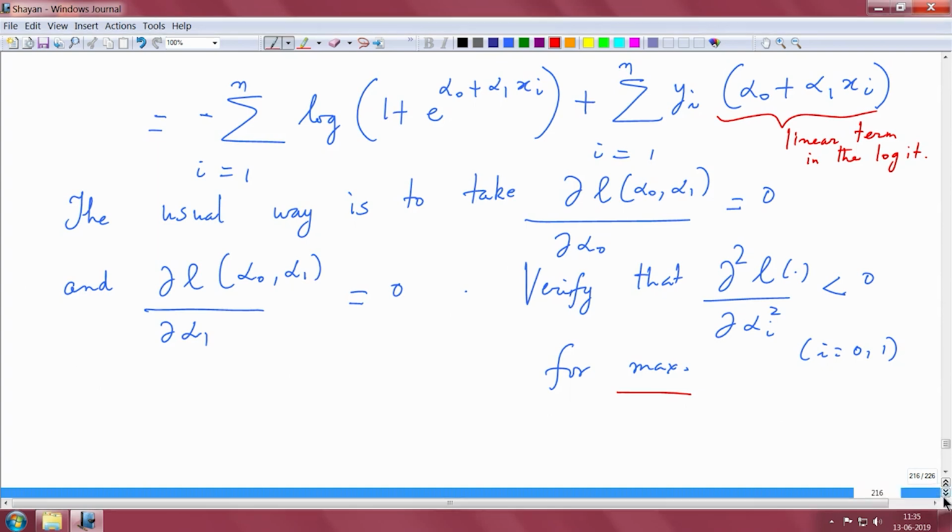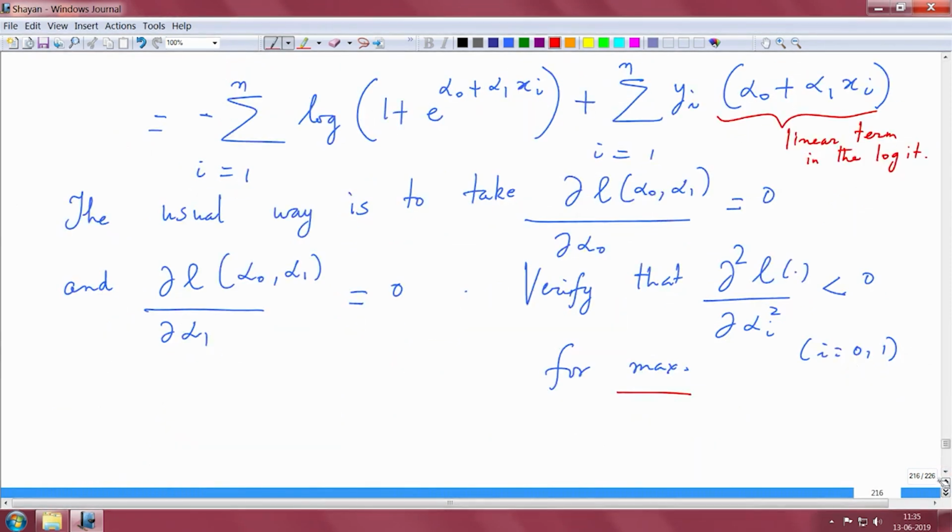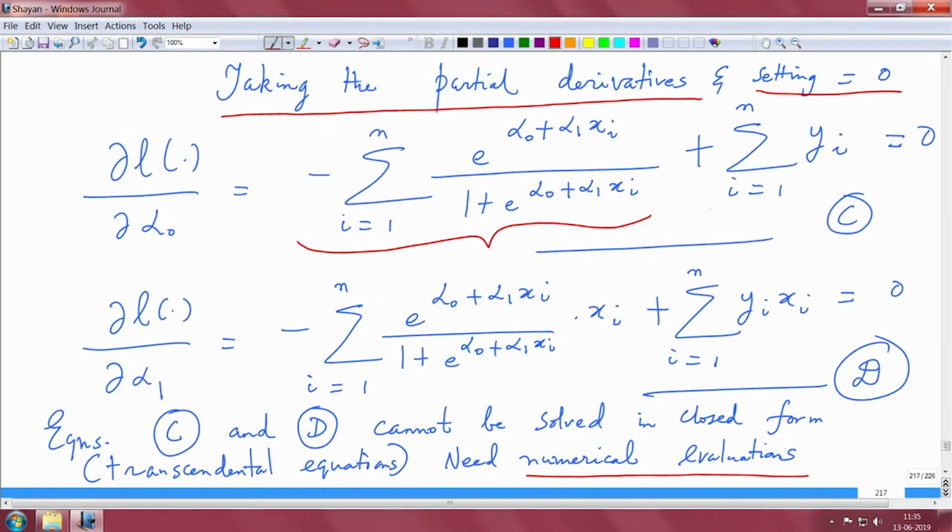Therefore, it simplifies to this quantity here, and the second term, if you take the partial derivative with respect to alpha naught, just results in summation i equals 1 to n y i, and that is what we have here.